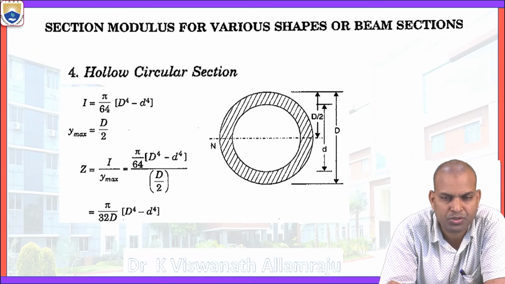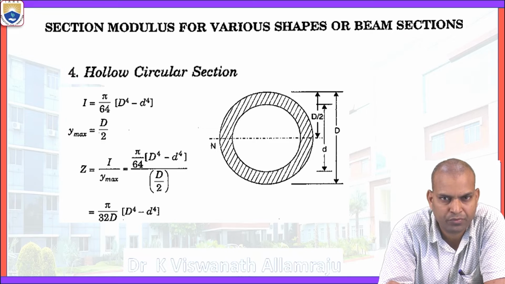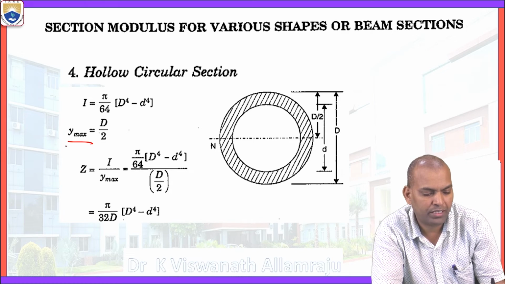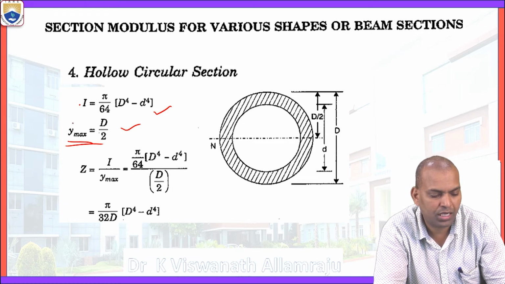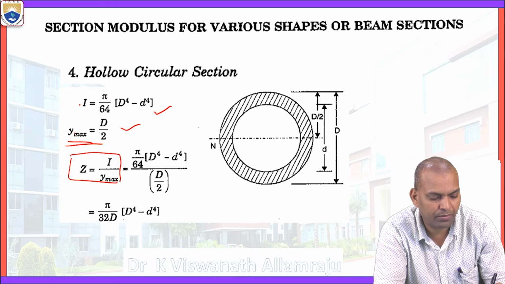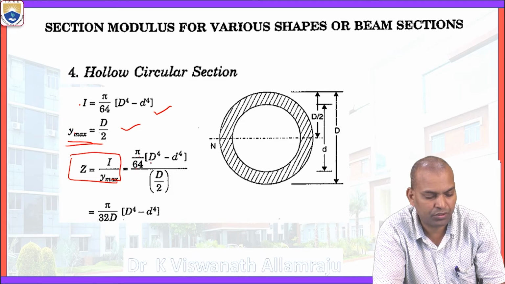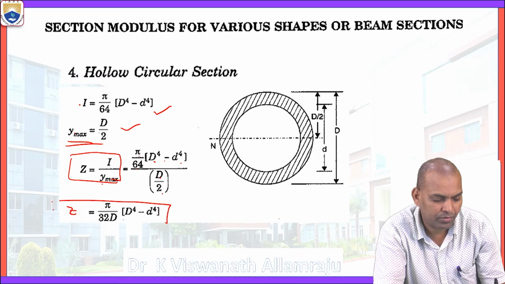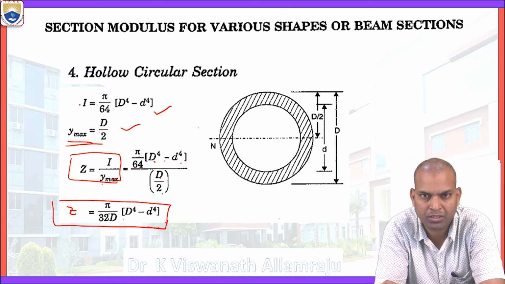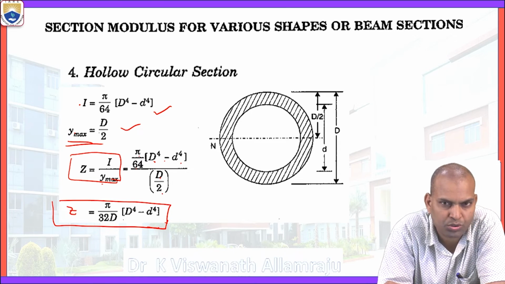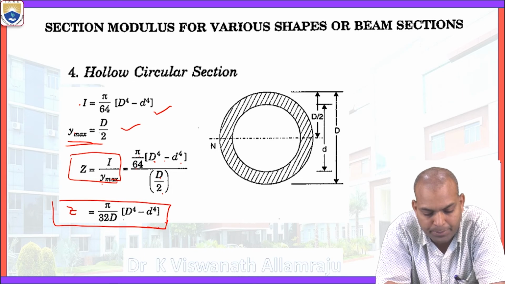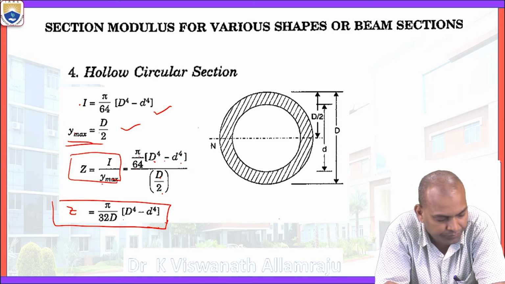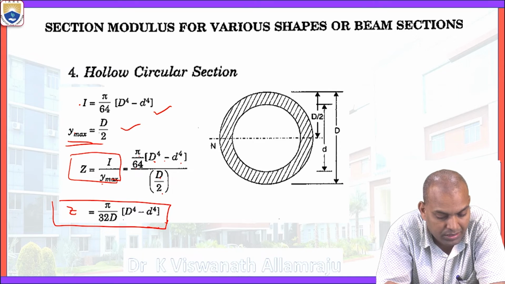It is pi times capital D power 4 minus small d power 4 by 64, and Y maximum equal to D by 2. Substitute this I and Y in Z equal to I by Y max. I is pi by 64 times capital D power 4 minus small d power 4, and Y max is D by 2. Then the Z value becomes pi times capital D power 4 minus small d power 4 by 32 times capital D, where capital D is outer diameter and small d is inner diameter.